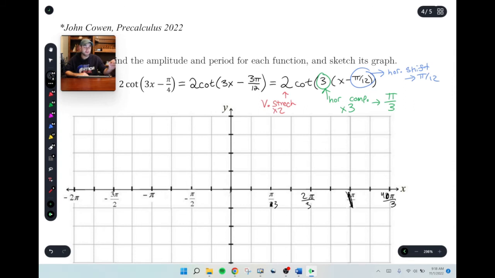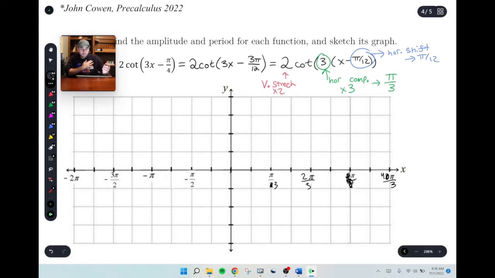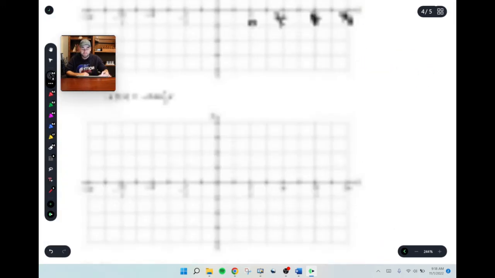Yep. So if you want to do that, that's not a bad way to look at this problem. Might help you get a little bit better of a graph. Then you do the same thing on the other side by converting this to a negative pi over 3 and so on and so forth.